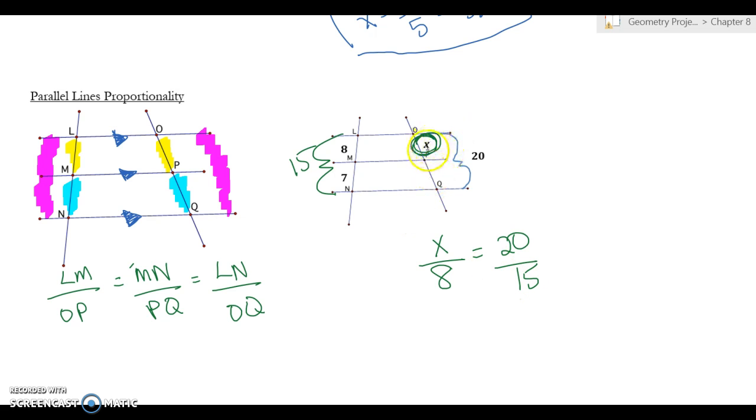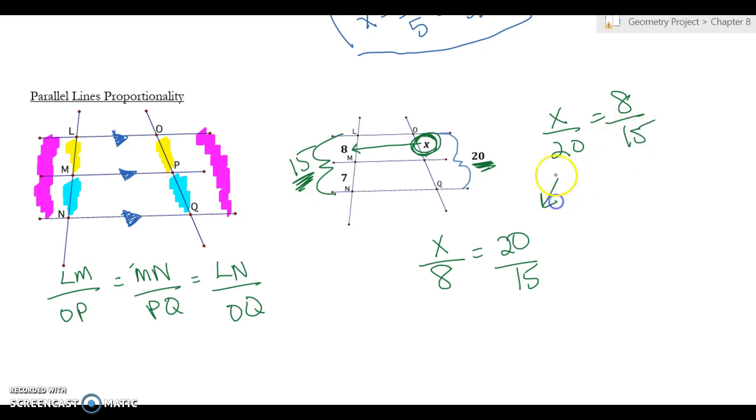Some people like to set it up where you do all over the right side and all over the left side. So if you did it this way, it would be x over 20. So I did right over right, but now I have to do what's in the same position. What's in the same position as x is 8. And the same position as this 20 is 15.